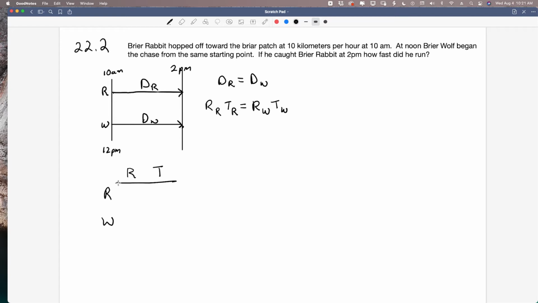So let's look at this. We know that the distance covered by the rabbit took him 4 hours. From 10 a.m. to 2 p.m. is 4 hours. So the time is 4 for the rabbit. And we know the wolf started at 12 and was the same place at 2. So it only took him 2 hours. Okay? So that's good. We understand that.